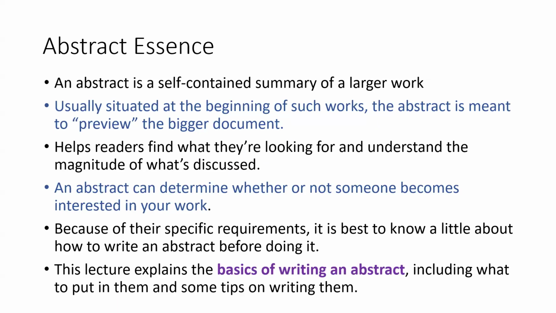We have to begin with understanding what an abstract really is. I have 6 bullet points. The first bullet point: an abstract is a self-contained summary of a larger work, which means that usually it is a summarized version of your research paper, your thesis, or if you are writing a technical report, you might have an executive summary.